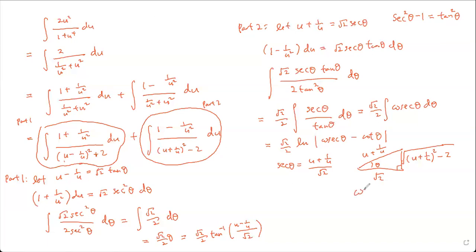So cosecant theta would be u plus 1 over u divided by the square root of u plus 1 over u squared minus 2.